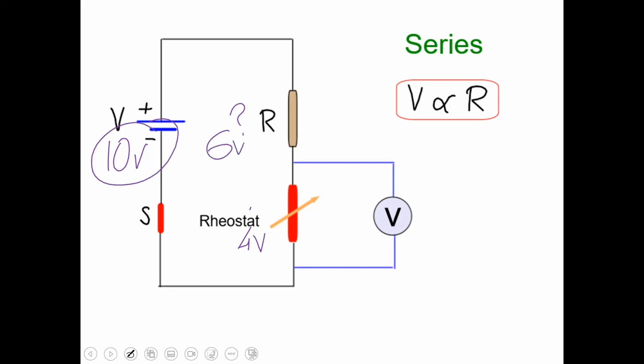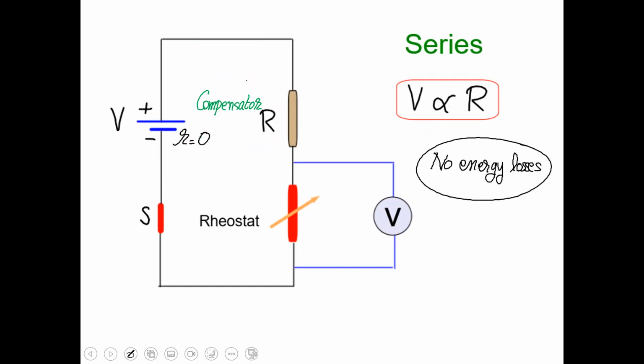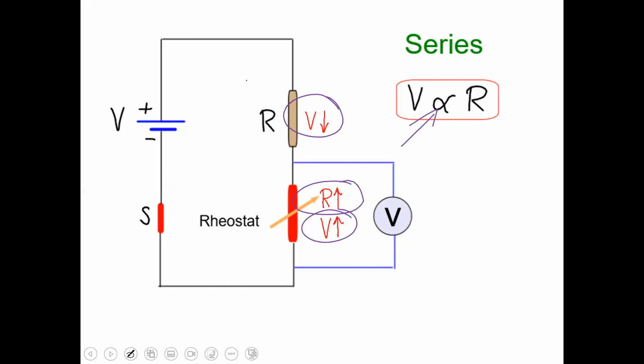So the voltage has decreased. So when voltage increases here, voltage decreases here because the total is 10. That is why the upper resistor is called a compensator. I repeat the concept. When two resistors are in series, they can compensate voltage for each other.